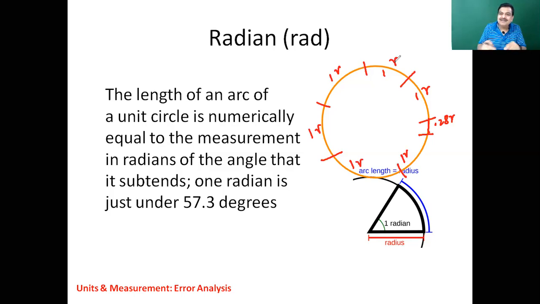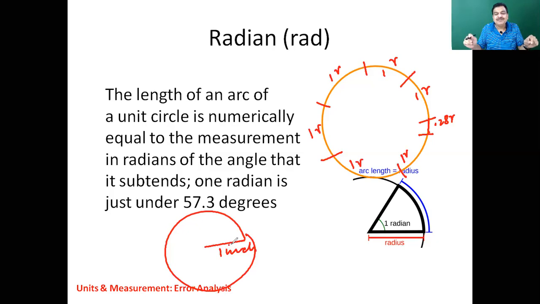To your surprise, if you take a 1 inch radius and draw a circle, and put a wire on the circumference of the circle and measure the length of the wire, if the radius is 1 inch, then the length of the wire is 6.28 inches. So it shows that the circumference is 6.28 times the radius of the circle.